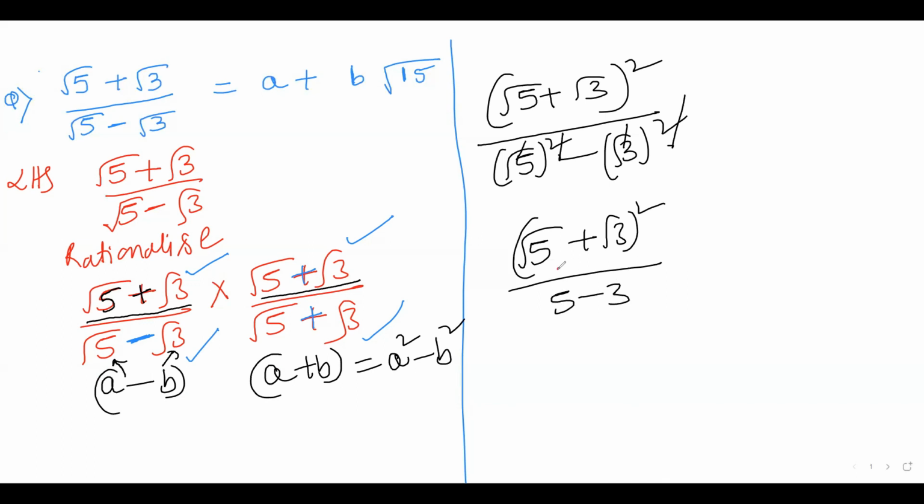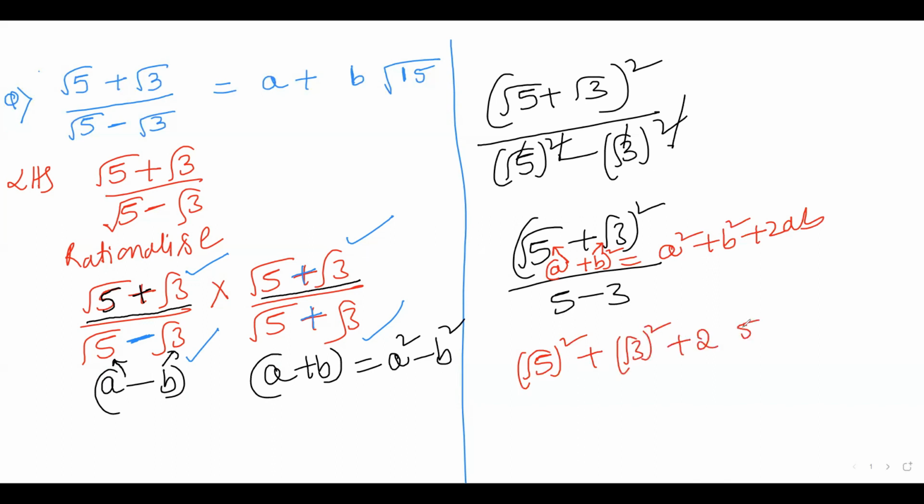Now I will have to expand this using the formula a plus b whole square, which is nothing but a square plus b square plus 2ab. A value is root 5, b value is root 3. Let's substitute: a square plus b square plus 2 into root 5 into root 3. 5 minus 3 is 2.